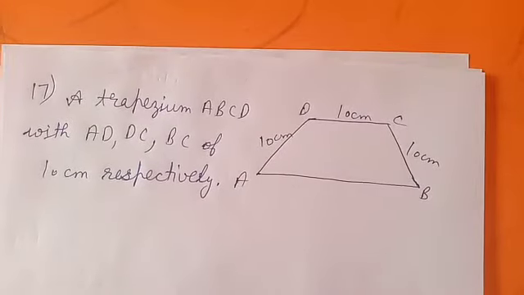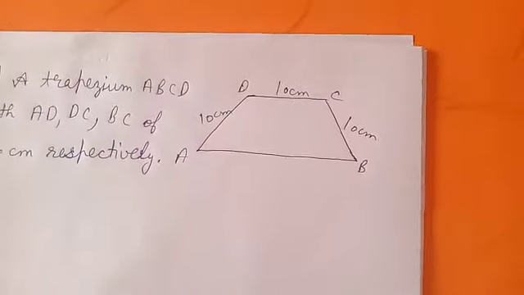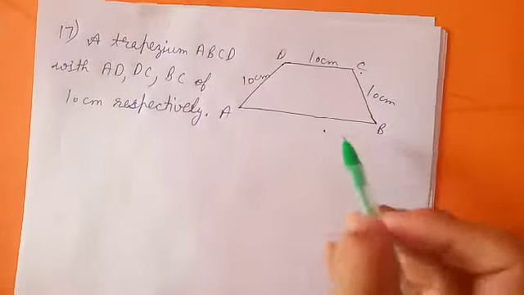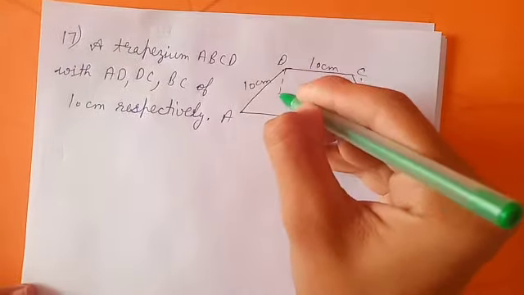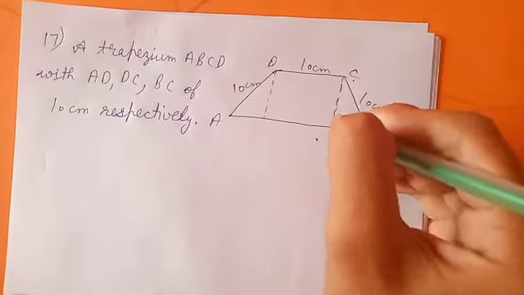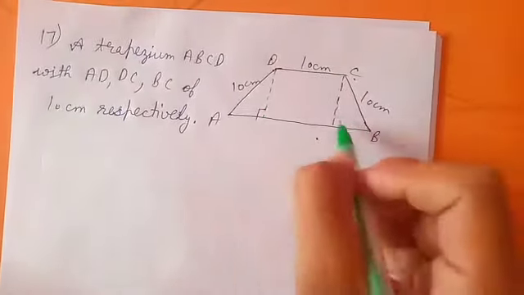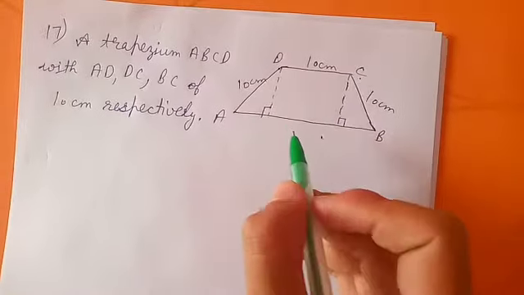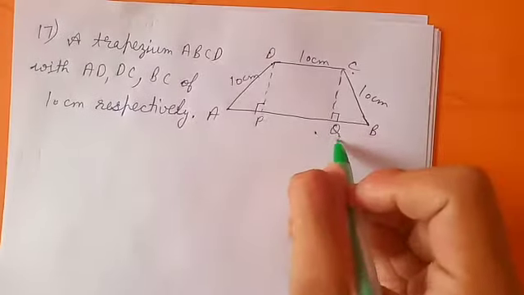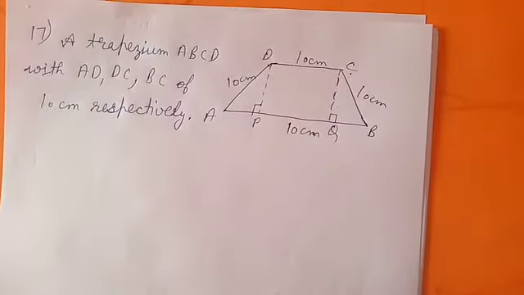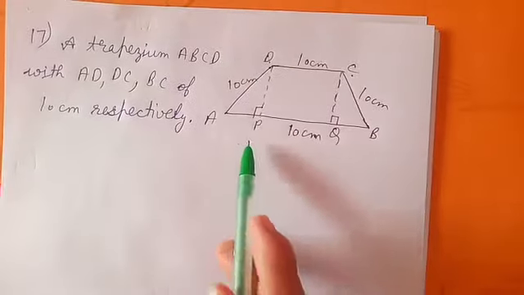Now if I draw a perpendicular from point C and D on AB, it is 90 degree, it is also 90 degree. Now I can name these points as P and Q. Now this length also becomes 10 centimeter because it is perpendicular.